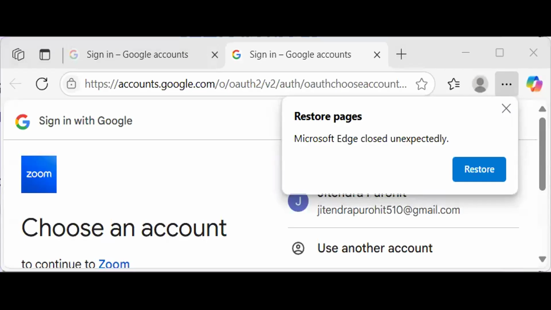Something is going on behind. What is happening there? Something went wrong. I don't know. I'll just show you.